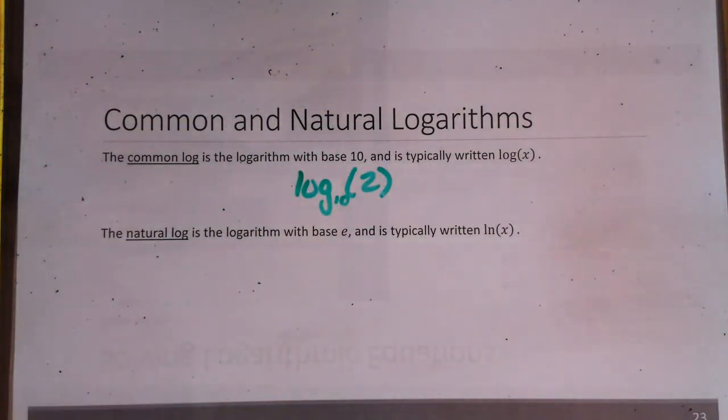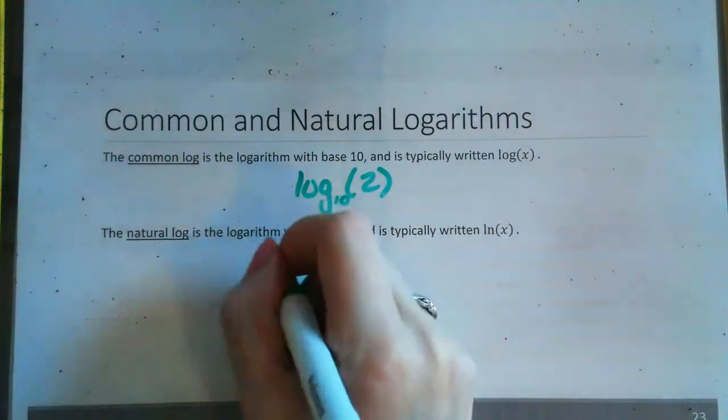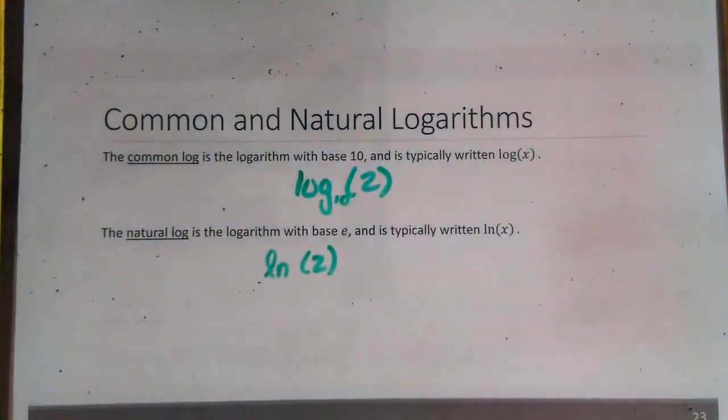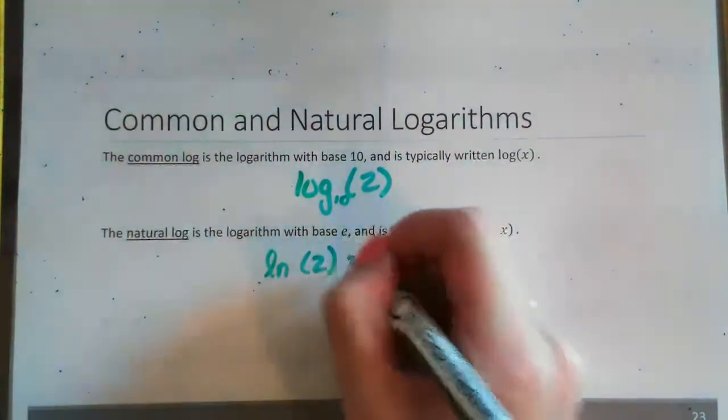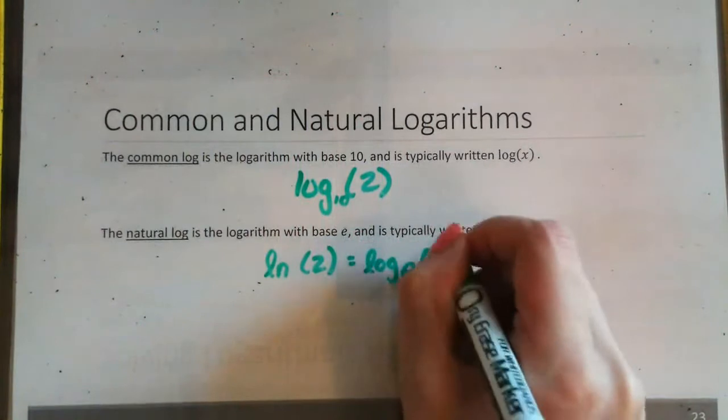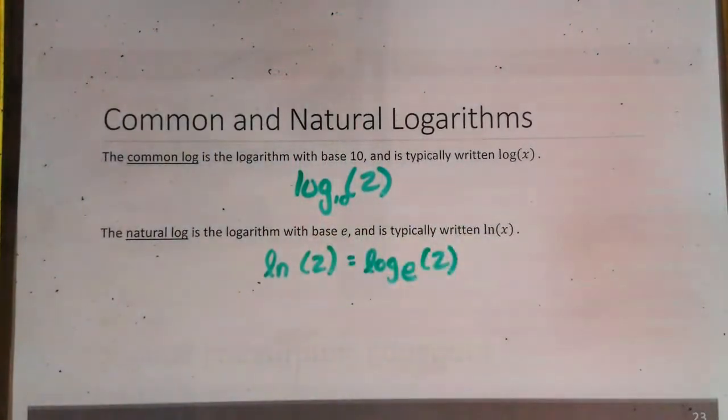The natural log is the logarithm with base e and is typically written ln of x. So if you see, say, ln of 2, we would say this out loud as the natural log of 2. That means the same thing as log base e of 2. Now this common log and natural log do have buttons on your calculator.